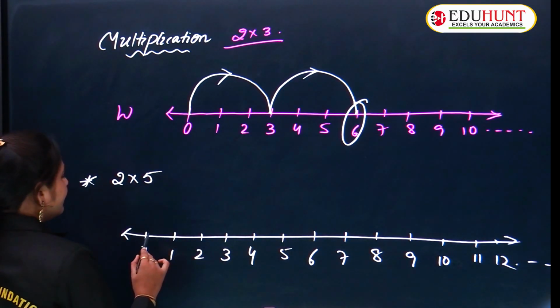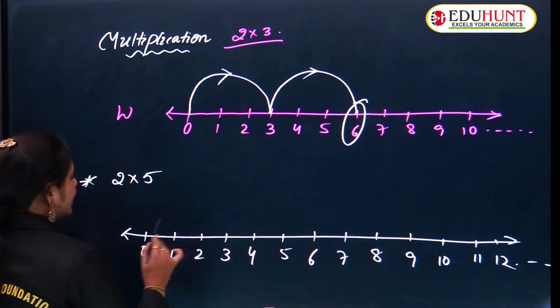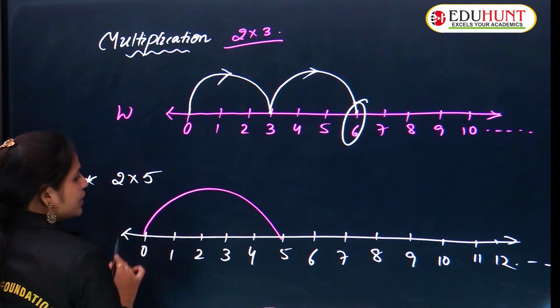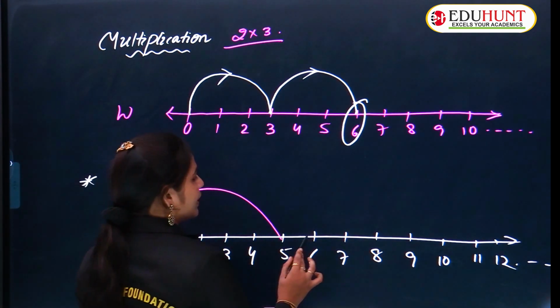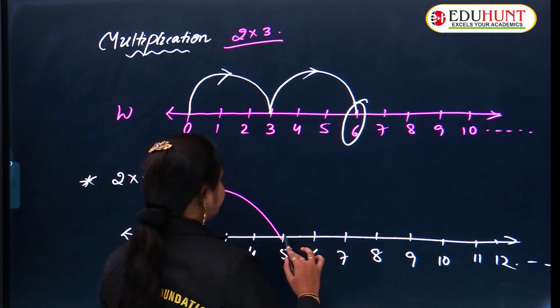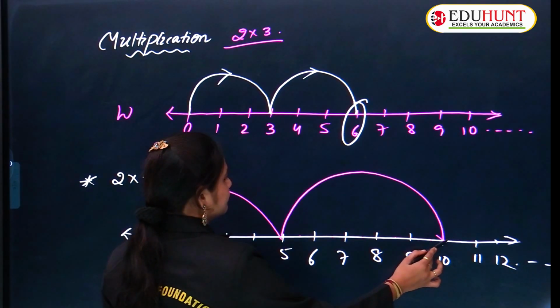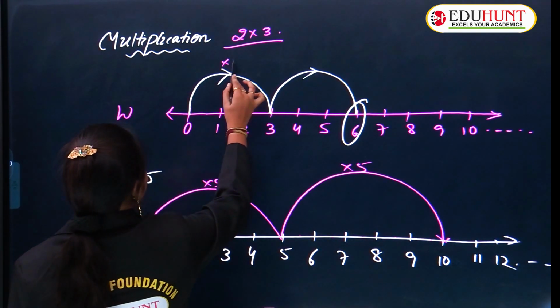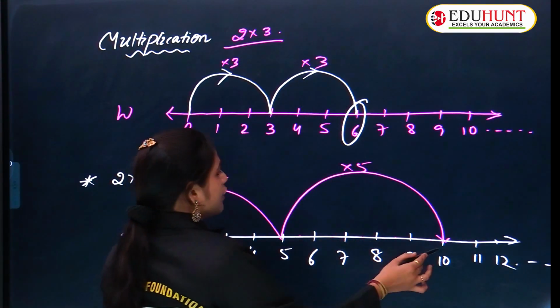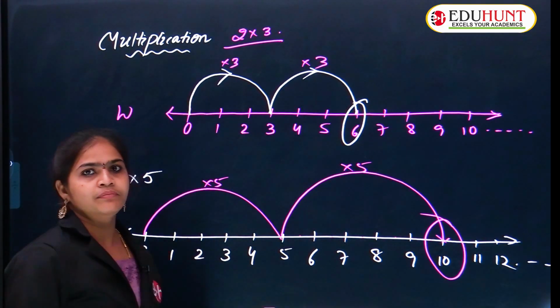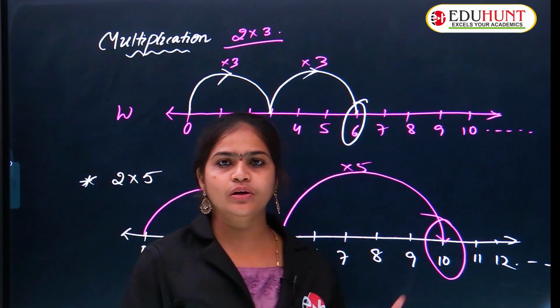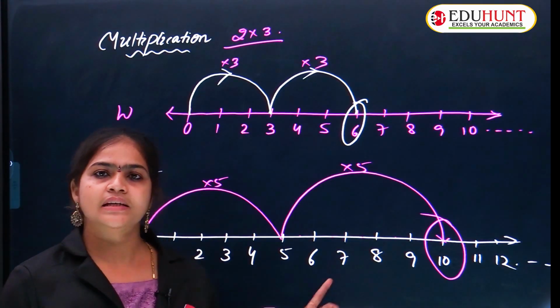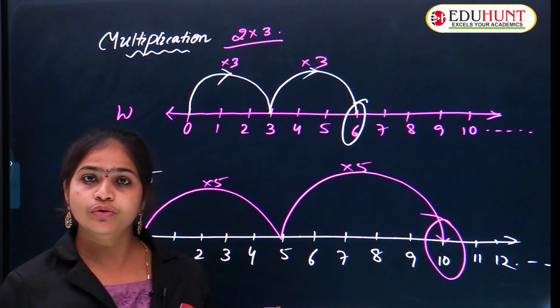Then 1, 2, 3, 4, 5: 0 to 5. After that, 5 again: 1, 2, 3, 4, 5. Then you will get here 5 and 5, just like 3 and 3. What is the final answer here? The final answer we got is 10 only, no? 2 fives are 10. Yes or no? Yes, this is the representation of 2 fives.